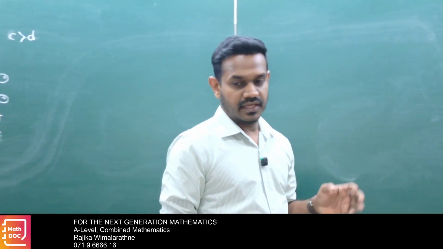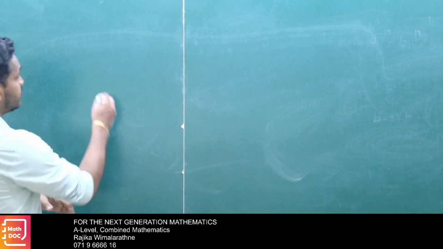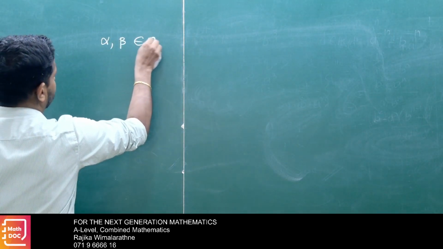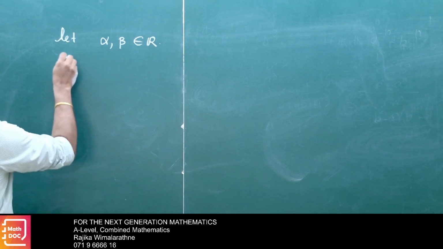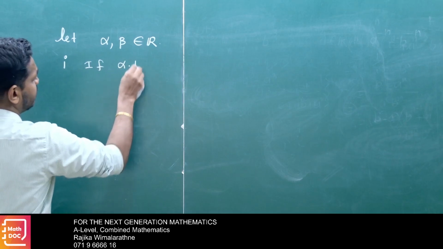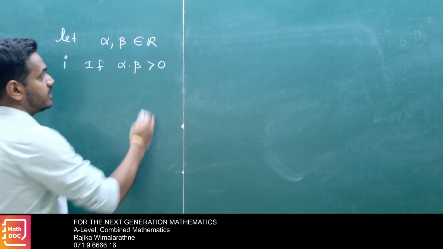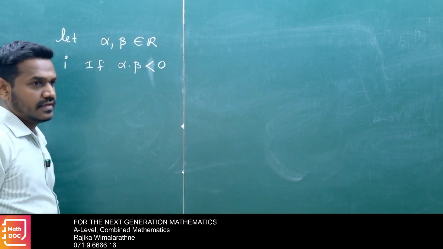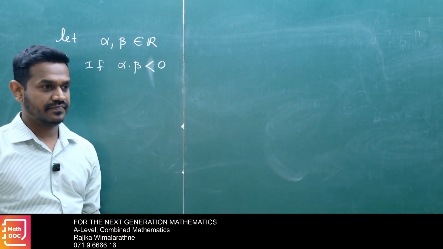Okay. Now another important thing, converse. You consider alpha, beta, real numbers. So first case, if alpha times beta positive, before that alpha times beta negative, okay, alpha, beta real numbers, then what can we say about alpha, beta?